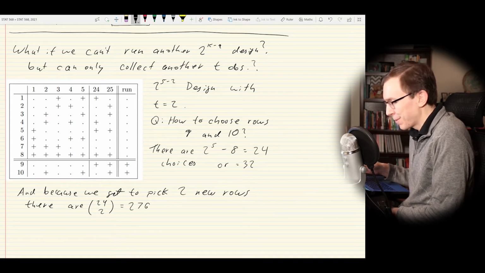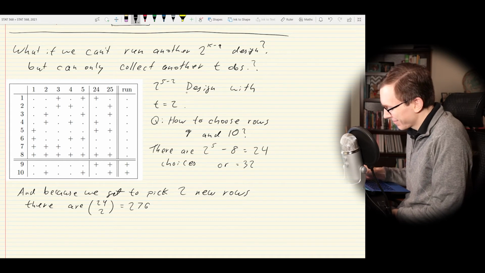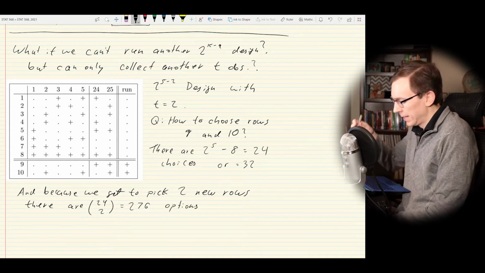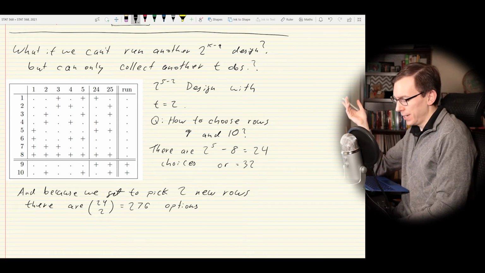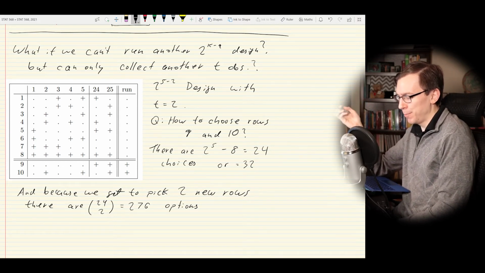I already calculated that beforehand. Options. Which means there are 276 different possible ways to choose rows 9 and 10.